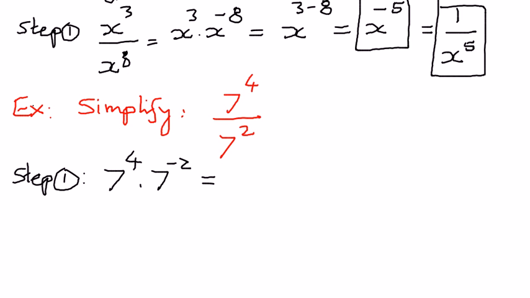Since the bases are the same, we can write the base once and then we can combine the powers. 4 minus 2, therefore 7 to the power of 4 minus 2 is going to be equal to 2.